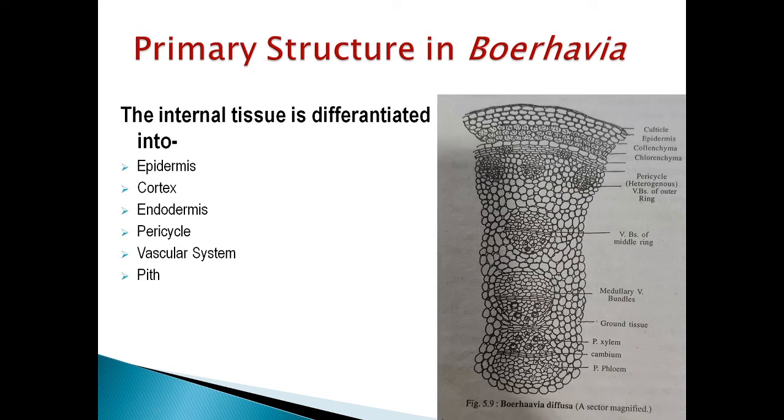The epidermis is the first, outermost layer. It is the protective layer, consisting of a single layer of cells covered by a cuticle.